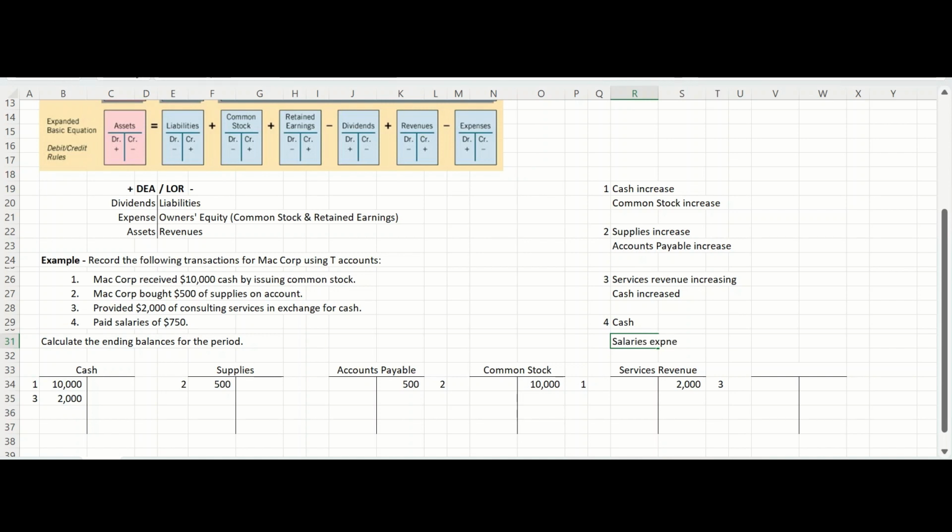Salaries expense. So we already have cash here. We'll go ahead and show a cash decrease.